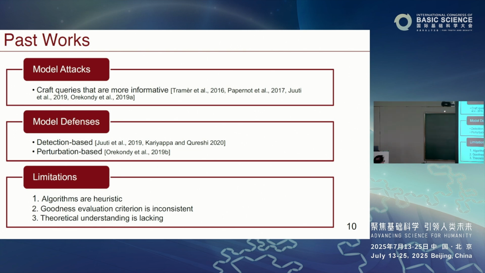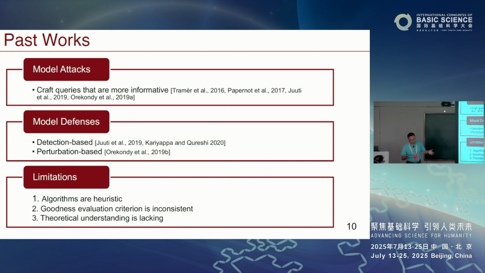Looking at the literature, although there are many fantastic examples, we feel that the results are still somewhat limited in the sense that the algorithms are heuristic. There is no theoretical understanding, and the evaluation criteria also seem a little bit informal in some sense.